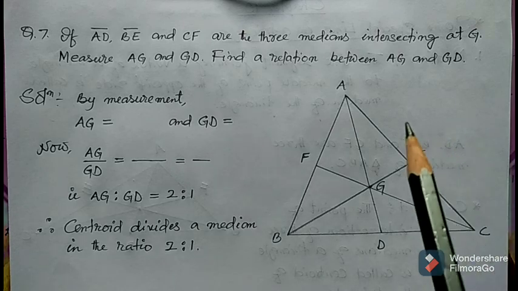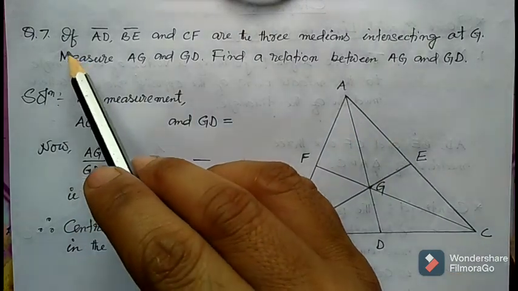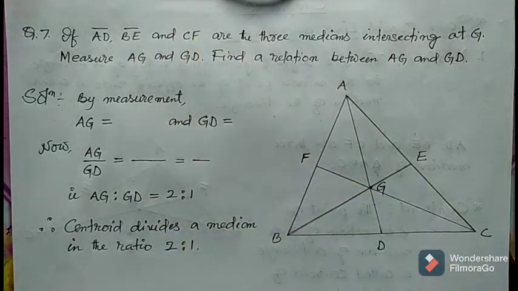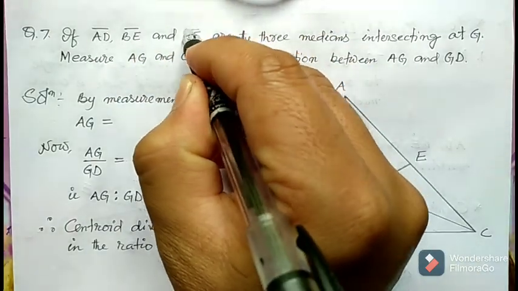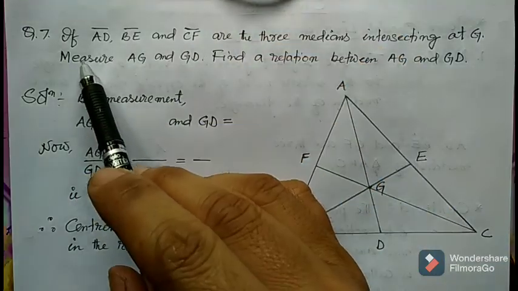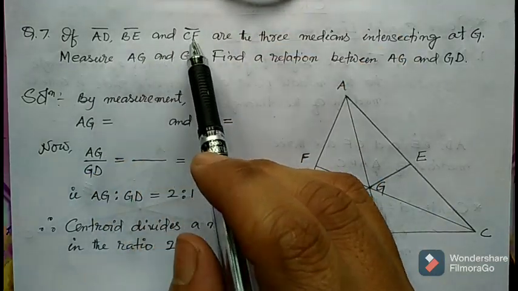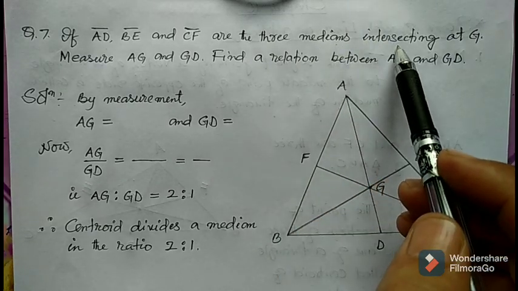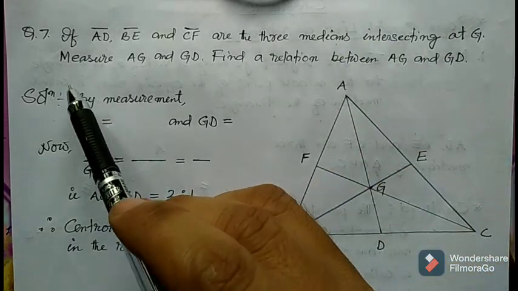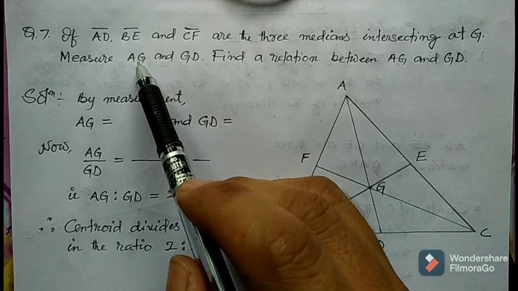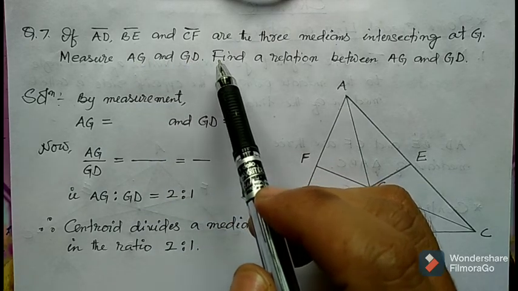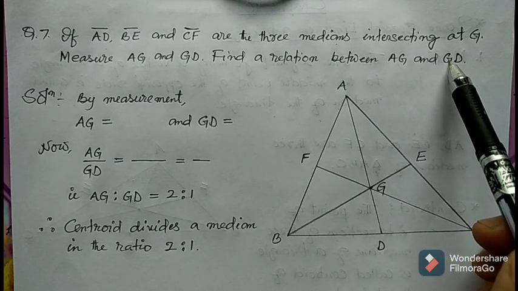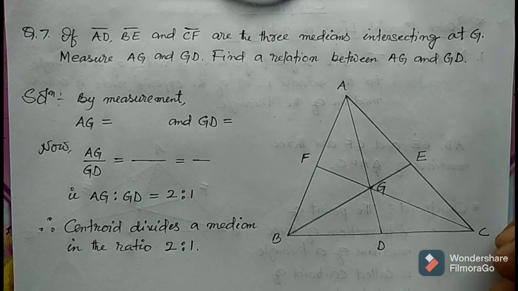Here the question is, if AD, BE, and CF, here this symbol means line segment, here line segment AD, line segment BE, and line segment CF are the three medians intersecting at Z, measure AZ and ZD. Find a relation between AZ and ZD.